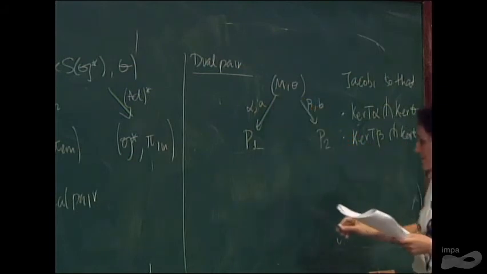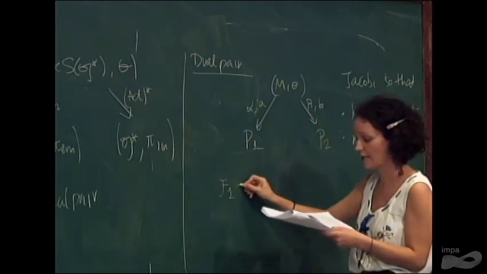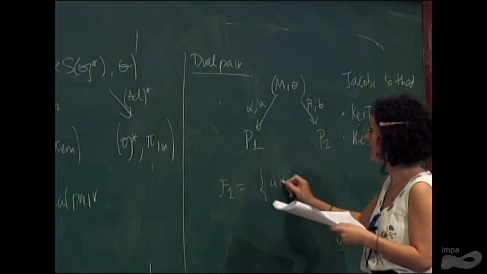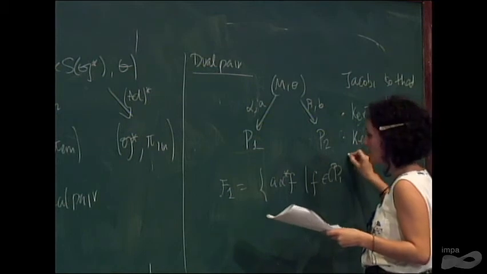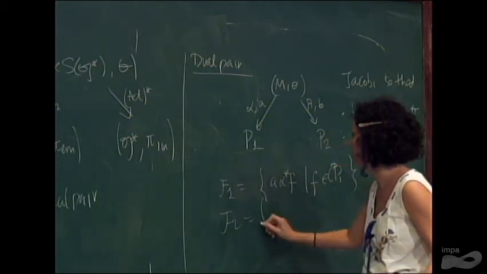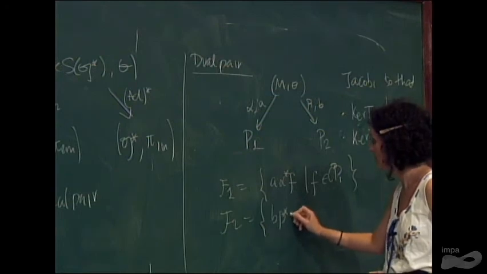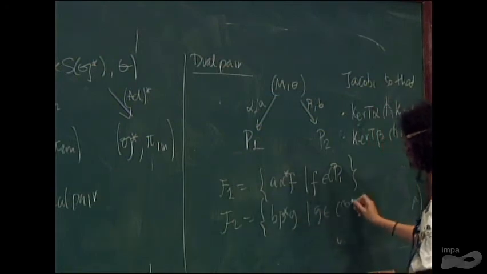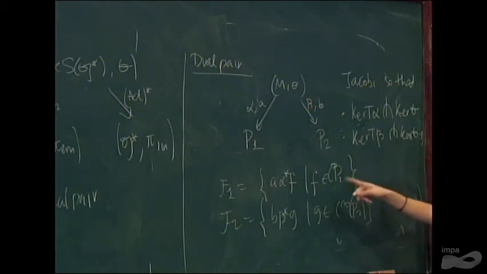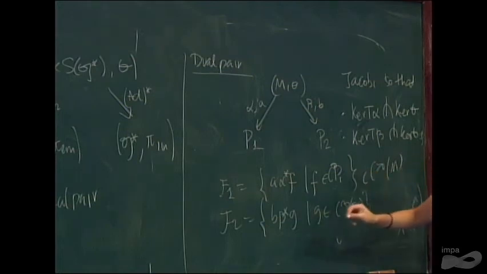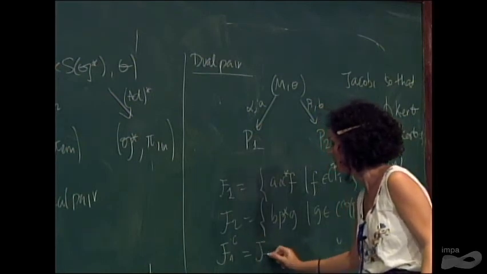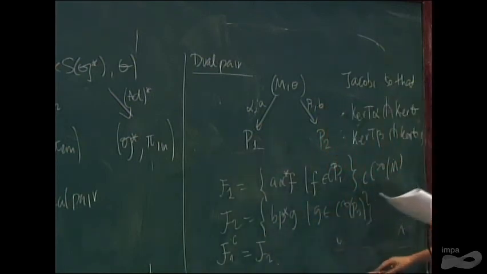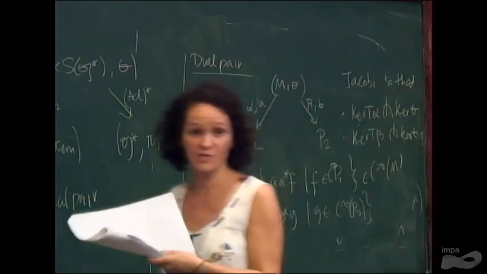So what I want is that if I have F1 equal to the pullback by alpha of F, for F a function in P1, and then I have F2 defined analogously, they centralize each other. These are functions on M.